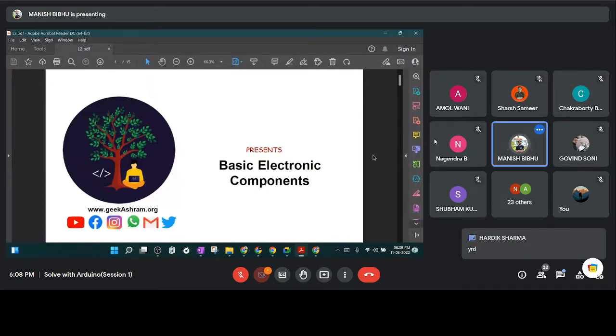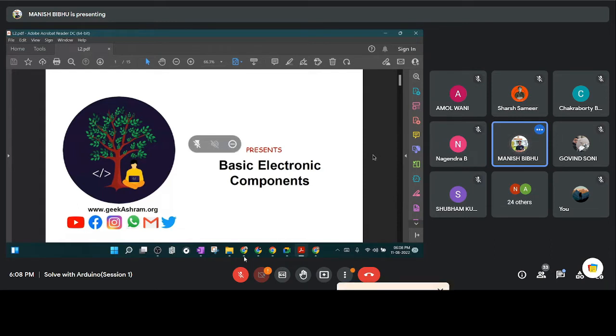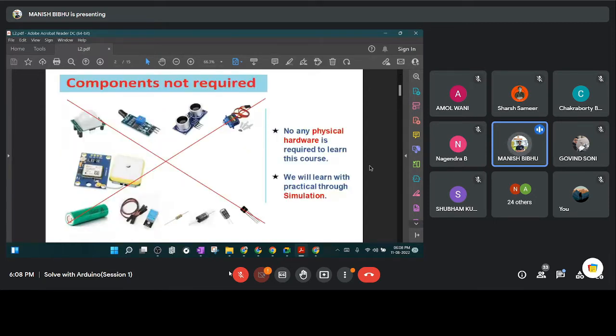There are a lot of electronic components, but here we will introduce a few which are needed mainly for this hackathon. For this hackathon, we will need no hardware, no physical component. We'll practice online in simulation form.